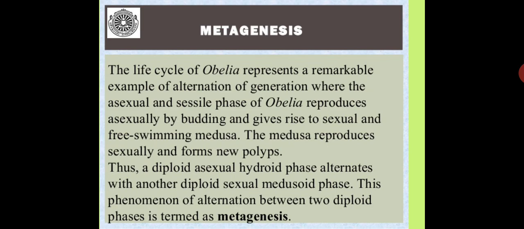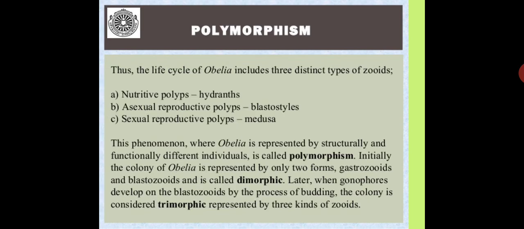Thus, a diploid asexual hydroid phase alternates with another diploid sexual medusoid phase. This phenomenon of alternation between two diploid phases is termed as metagenesis or alternation of generations.